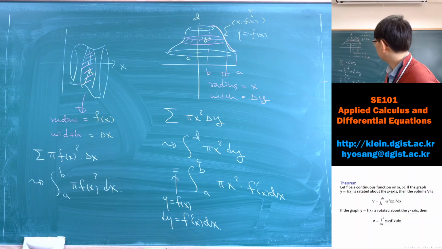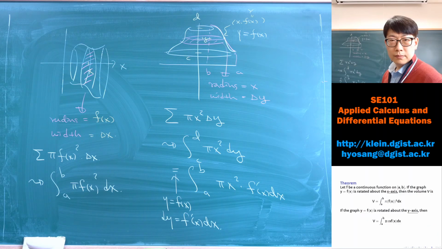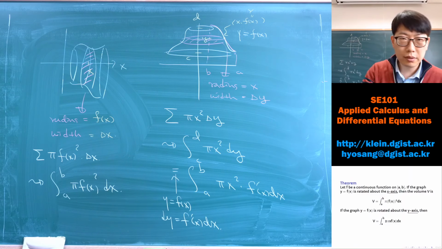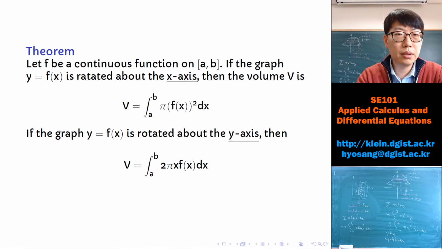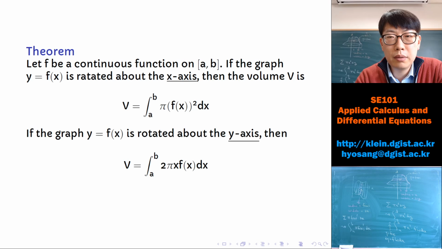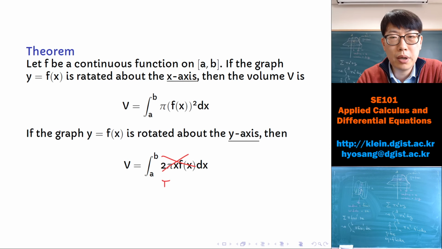Okay, so this is another... there's a typo here, right? If the graph is rotated about the y-axis, then not this one, this is pi x squared f prime x dx.